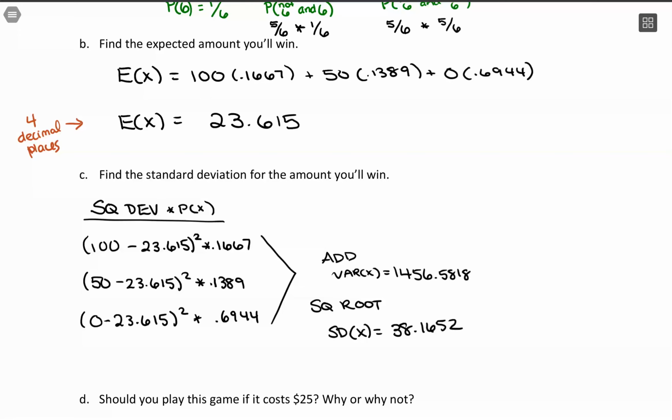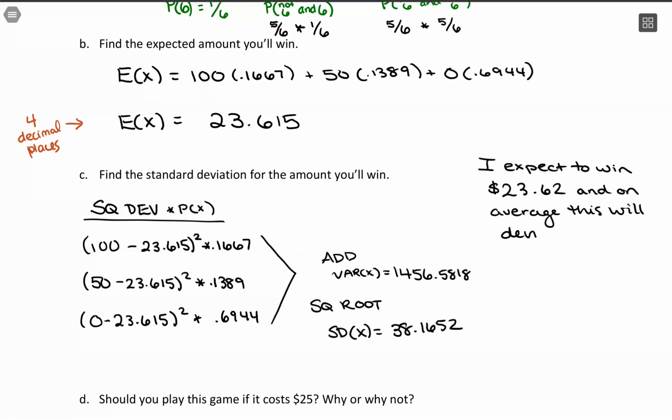So what we're seeing here is that we're playing the game. So what's the expected amount you'll win? I expect to win $23.62, and on average this will deviate by $38.17.